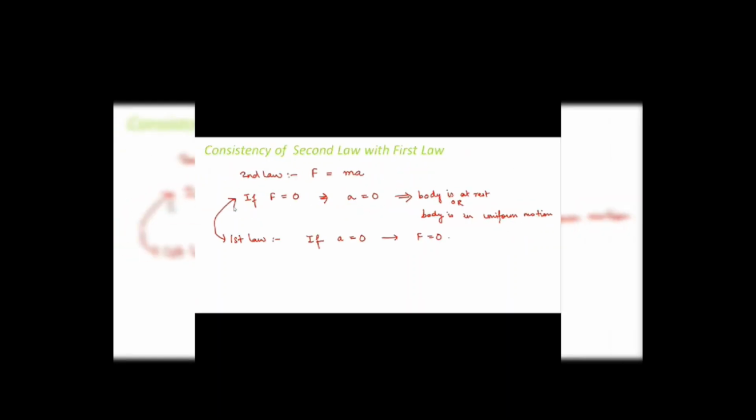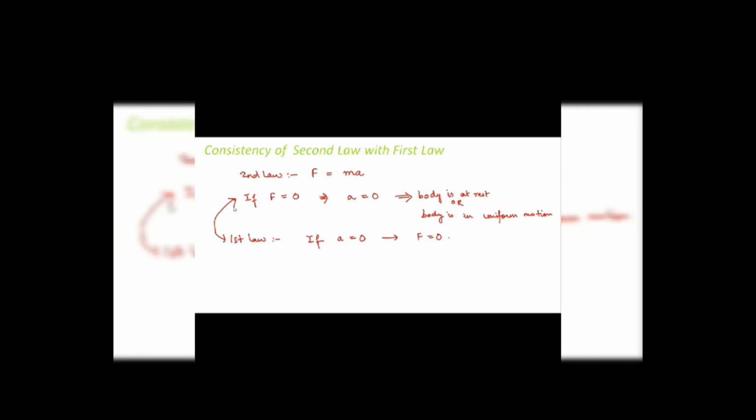So both of them are telling the same thing. So my second law is consistent with the first law, right? We can say that the second law is true not only for non-uniform motion, but it holds true for uniform motion as well. So the first law and the second law are consistent with each other.